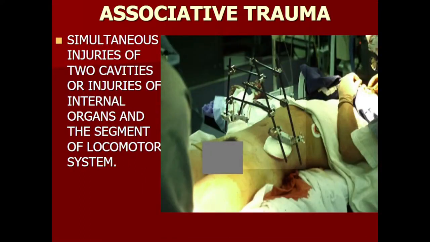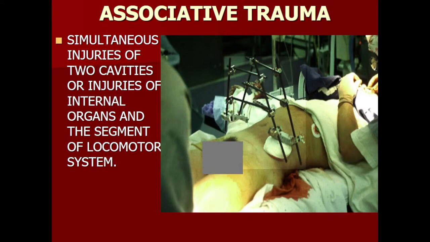Next definition. Associated trauma: simultaneous injuries of two cavities, or injuries of internal organs and a segment of the locomotor system.